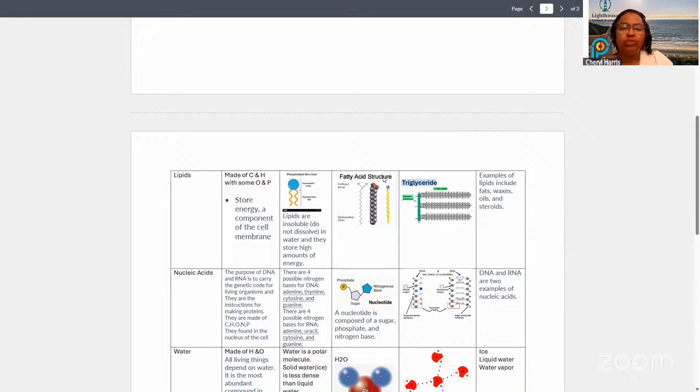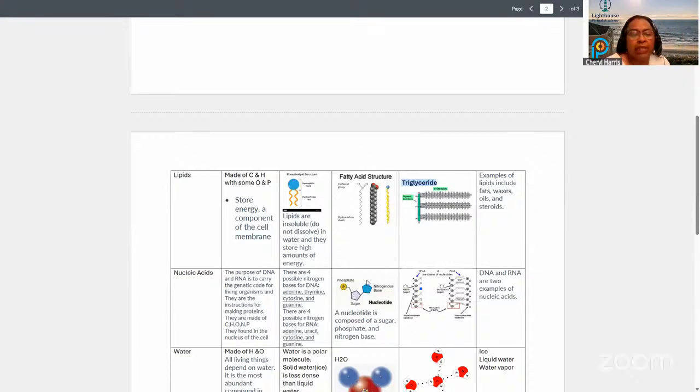So what this did was show you what the long chain looks like, what the fatty acid chain looks like, and then what the glycerol molecule looks like. So it's three fatty acids connected to a glycerol, and that makes a triglyceride, and that's your monomer.